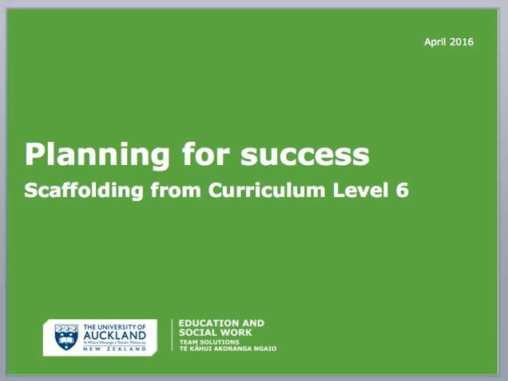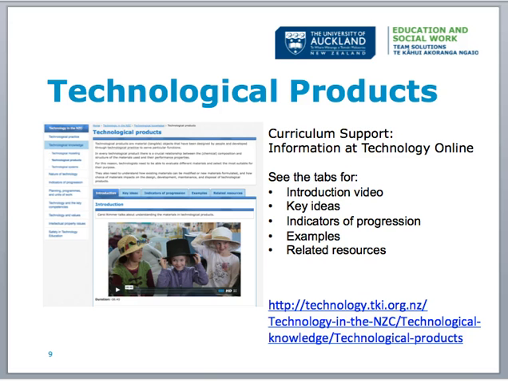Technological products are tangible objects that have been designed by people and developed through technological practice to serve particular functions. In every technological product, there is a crucial relationship between the chemical composition and structure of the materials used and their performance properties.